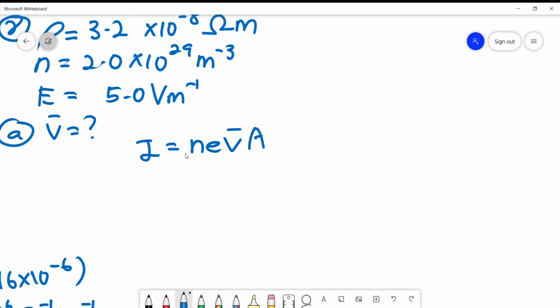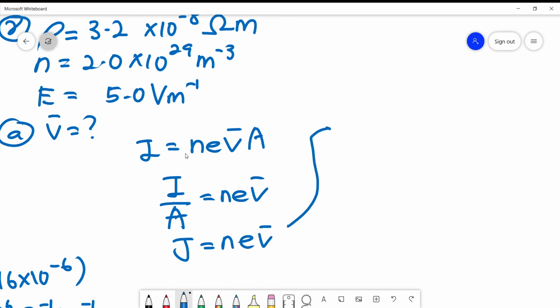From I and A, I can convert it into nev. So nev and this I over A, basically what we get is current density. So current density J equals nev. The question did not provide us J, so we need to convert it into another formula.